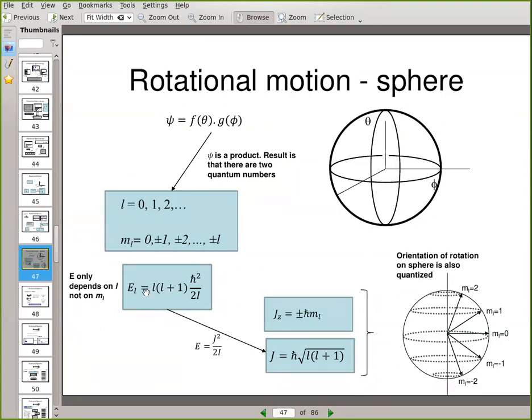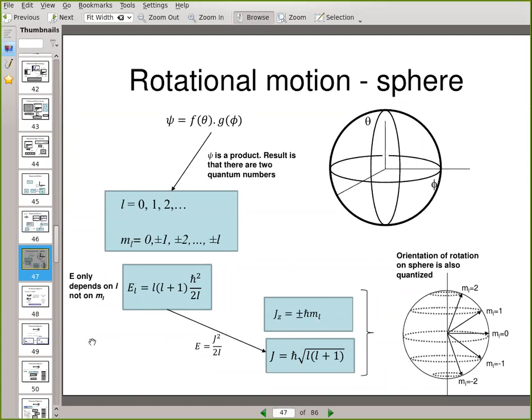When L is 1, then for instance when L is plus 1, you would have 1 times 2 times the moment of inertia, which we know from the mass and r, and you can calculate the energy levels as well. So energy is dependent on L, but of course the orientations of that rotation are quantized on the sphere.